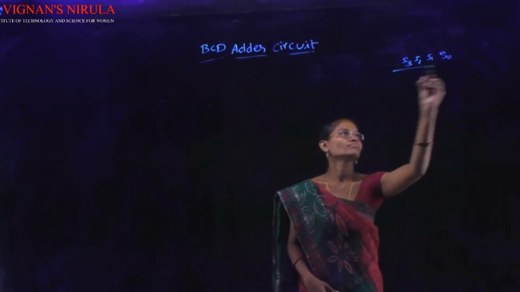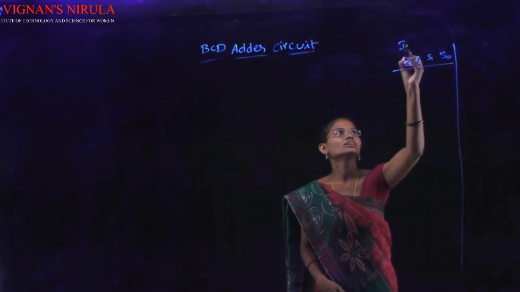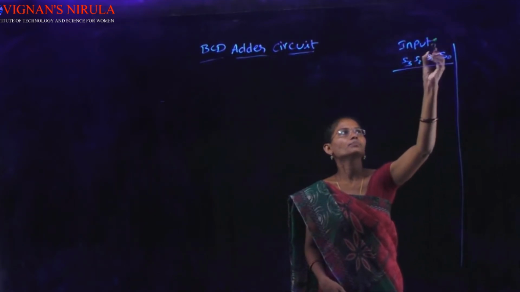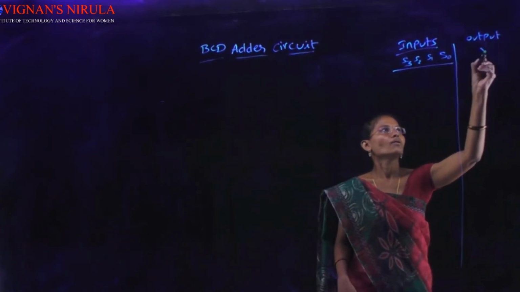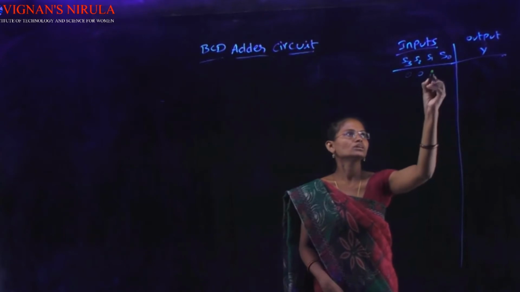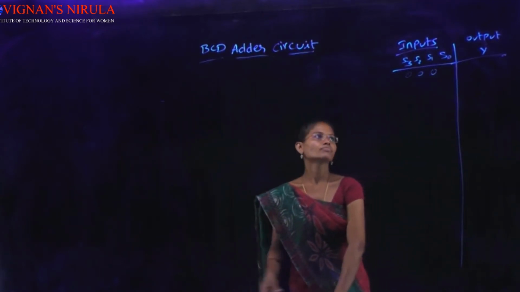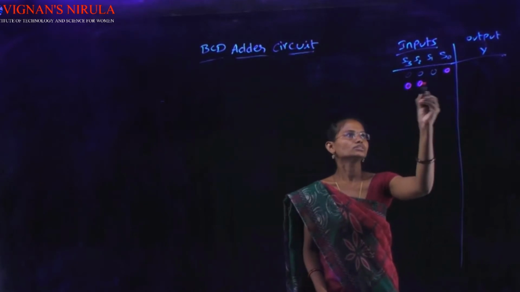S0, S1, S2, S3 are the inputs and the output is only Y. Here we write down the binary form, starting with 0, 0, 0, 1.